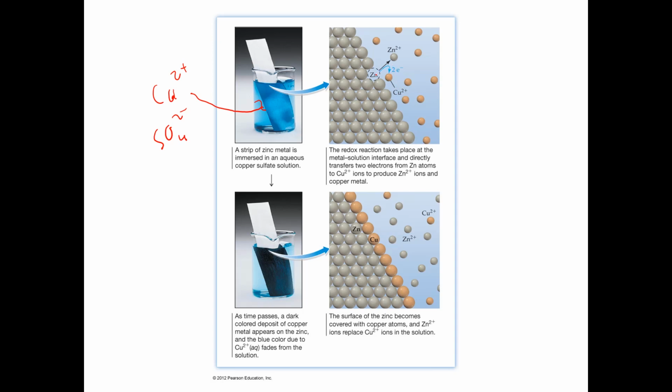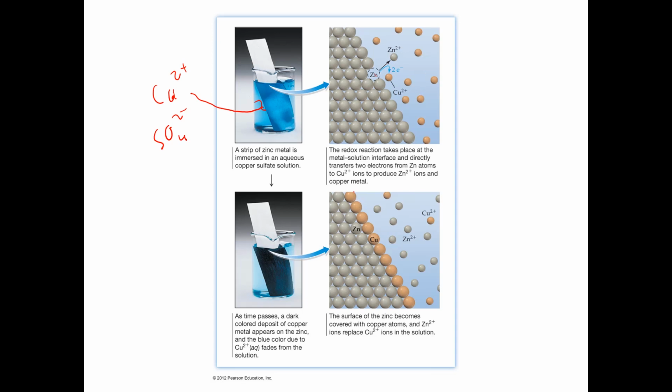So it's actually the zinc transferring electrons here. So zinc transfers 2 electrons to copper. So copper accepts those electrons and becomes neutral. So we get some copper metal here. And then zinc floats off into solution. Zinc is now a 2 positive ion. So it floats off into solution.